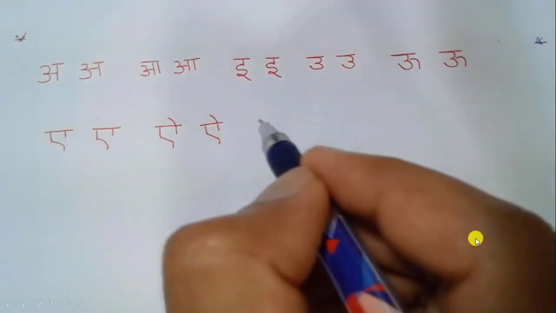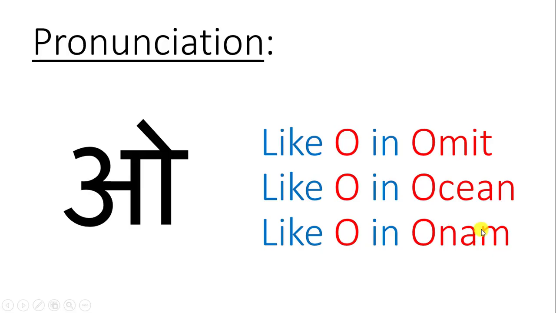All right. Next is o, and it is pronounced like the o in omit. Omit. And like the o in ocean. Ocean. And like the o in Onam.